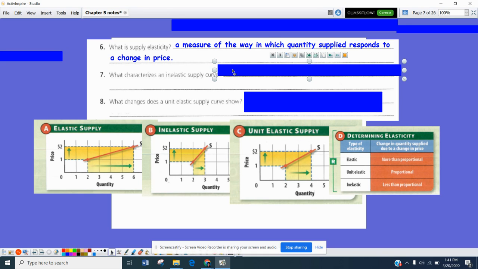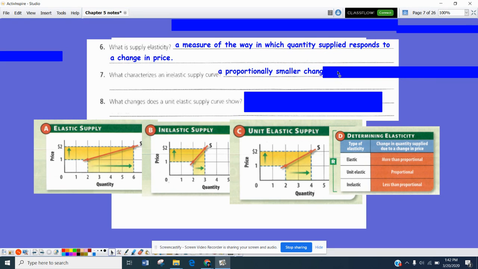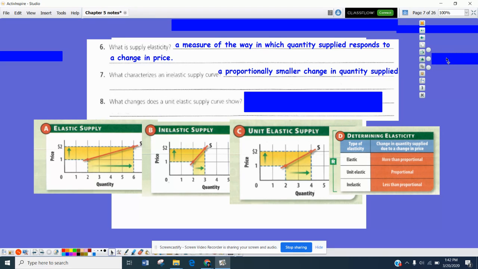A great example of supply inelasticity: there are certain products that you're going to buy and it doesn't matter what the price is. I've heard table salt as being one that's very inelastic. But nevertheless, this is a proportionally smaller change in quantity supplied.